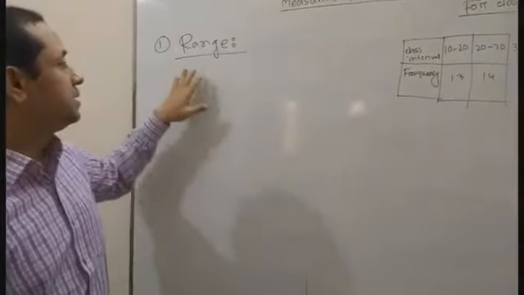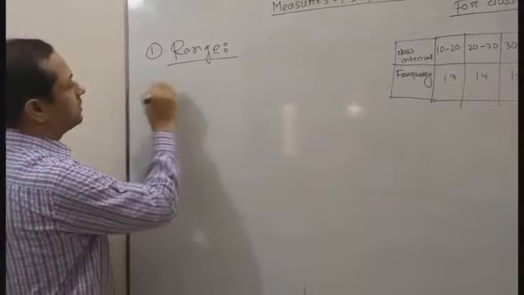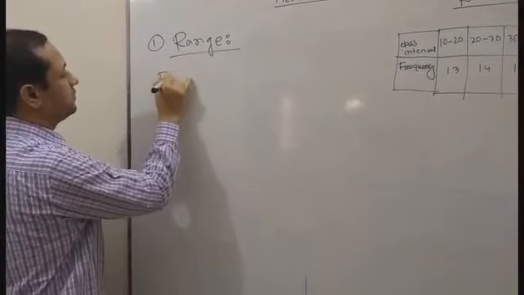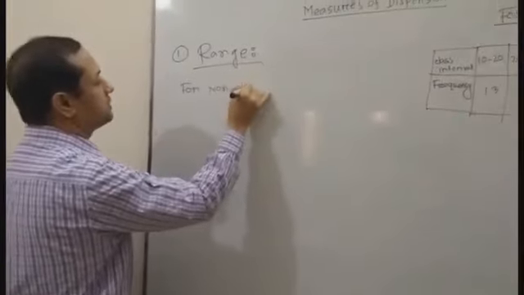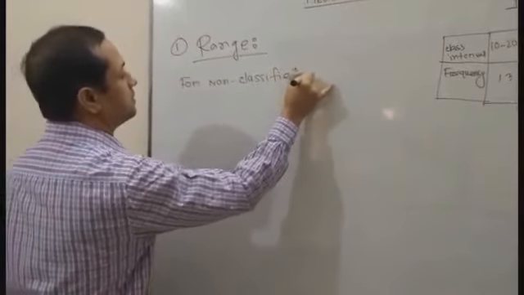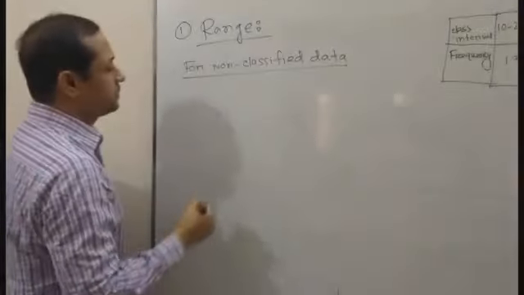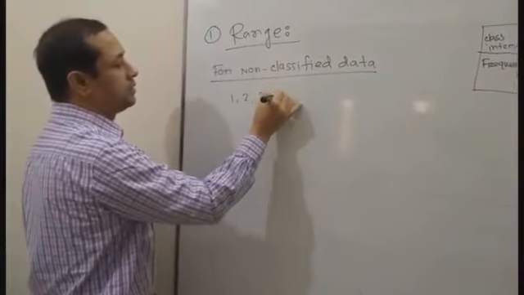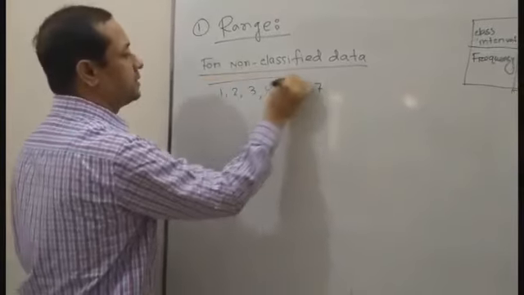For example, for non-classified data, suppose 1, 2, 3, 4, 5, 6 and 7.